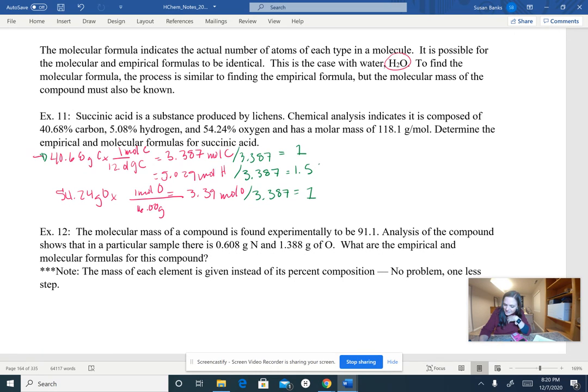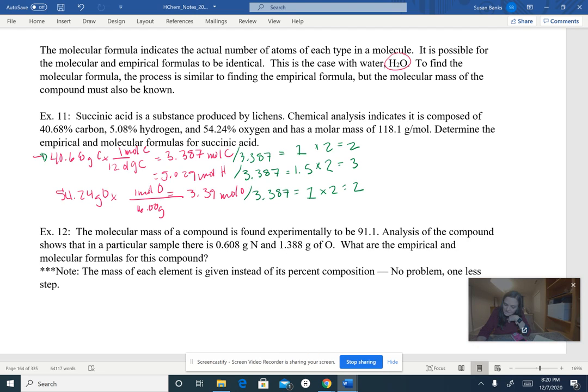Now, this is not a whole number right here. So that means I have to multiply by something that will give me a whole number, and that means I have to multiply everything by that same thing. 1.5 times 2 gives me 3. So I'm going to multiply everything by 2. 1 times 2 is 2, and 1 times 2 is 2 here as well.